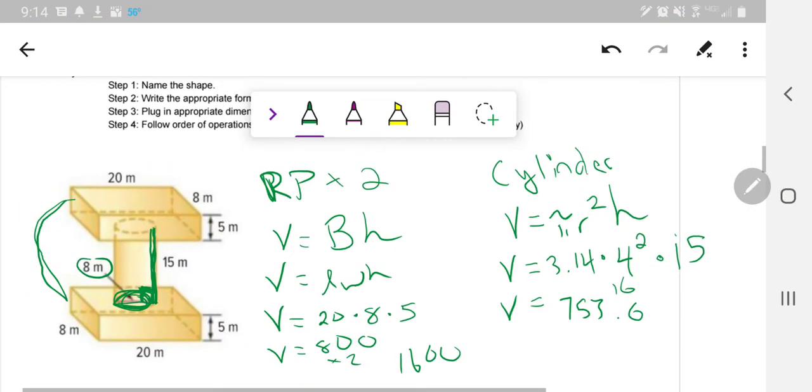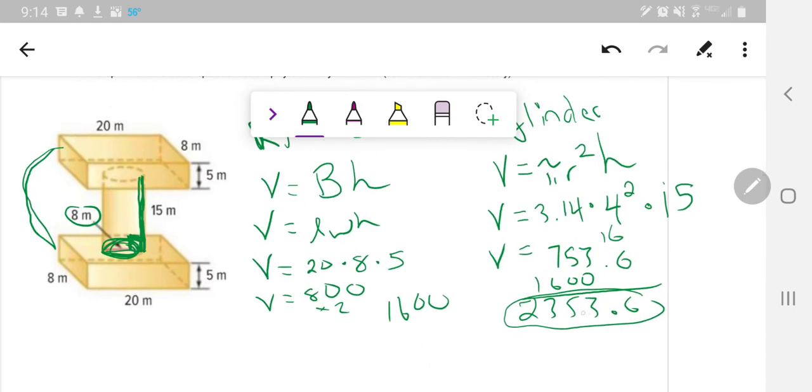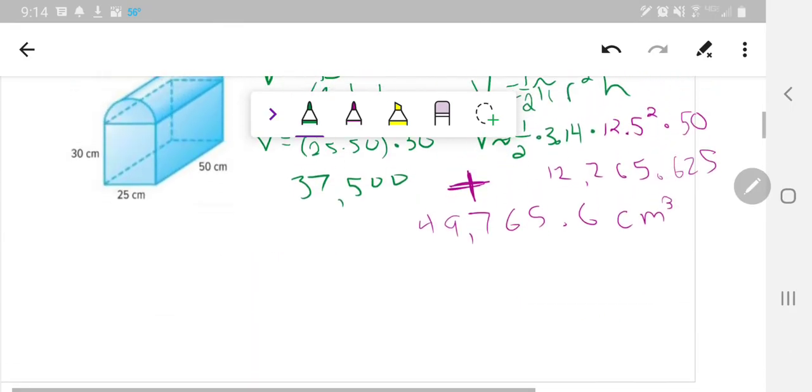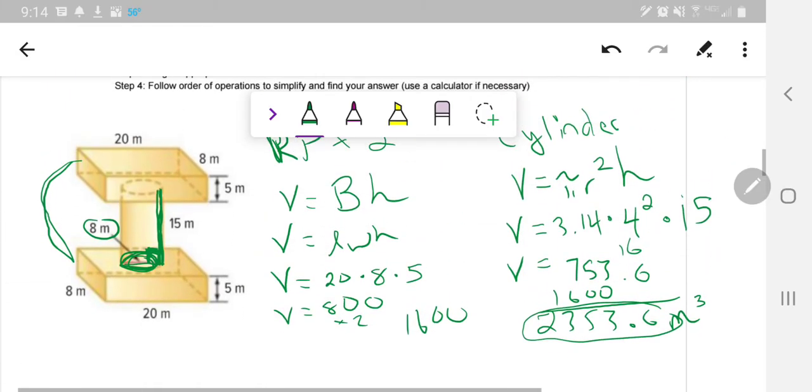Yep, and now we're just going to add his 1600. That's going to be 2,353.6. Oh, I forgot one thing. Need my units. It's going to be meters cubed. Did I put cubed up here? Yes, I did. All right, meters cubed. And on to the next problem.